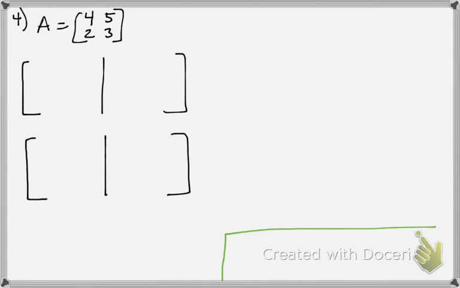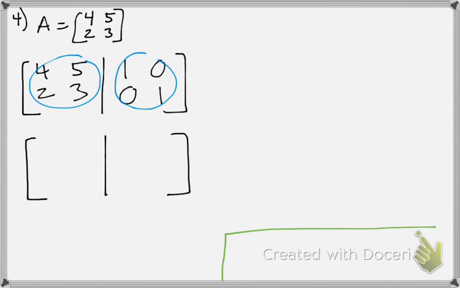So the process for doing this is I want to put a copy of the matrix on the left here, and then put a copy of the identity matrix, so the 2 by 2 identity matrix, on the right. And then I want to use row operations to transition the matrix on the left into the identity matrix.